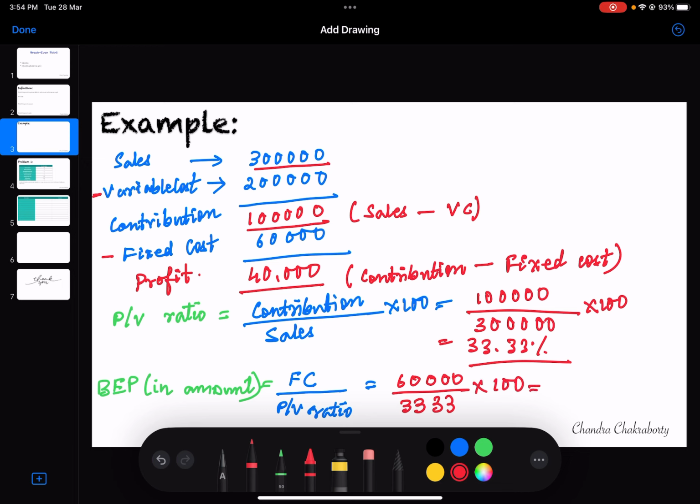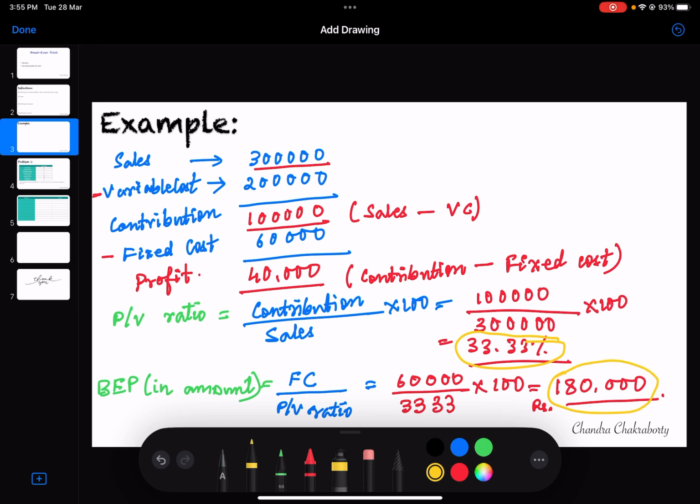And this will give you 1,80,000 rupees. Basically we need to write the rupees here. So this will be your answer. Here we have calculated the PV ratio, which is 33.33%, and we have calculated the break-even point in amount, which is 1,80,000.